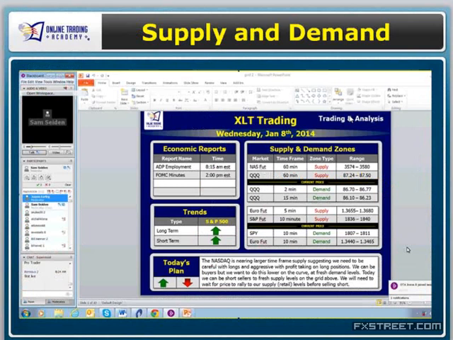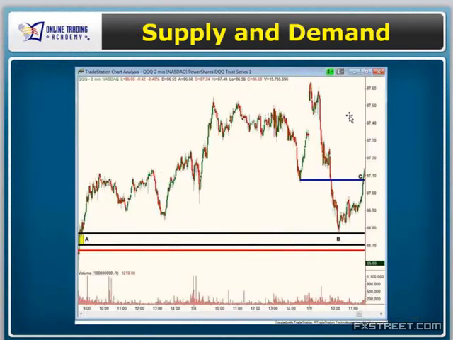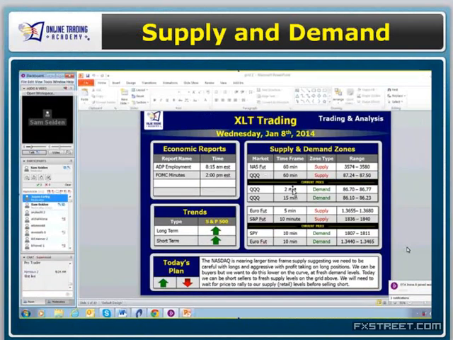This is an even better example to look at. So here we had a demand zone in one of our XLT sessions. We're looking at a demand zone here in the QQQ. Jake, we'll take a look at that. Okay. So here we had a level, we're looking at this one right here.